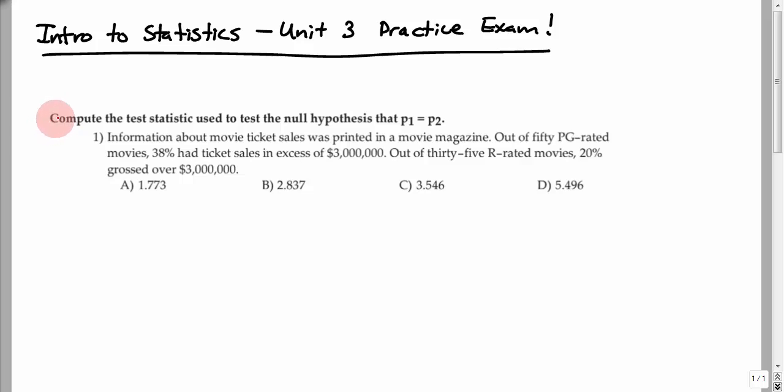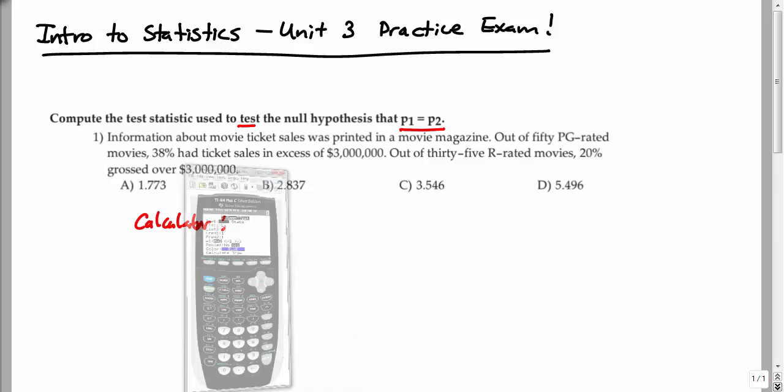So on this first one, it says compute the test statistic used to test the null hypothesis that P1 equals P2. So right away I noticed something. We have two proportions. And for two proportions, we're not asked for a confidence interval, we're asked for a statistics test. So on your calculator, under the test menu, you're going to look for the two proportion z-test.